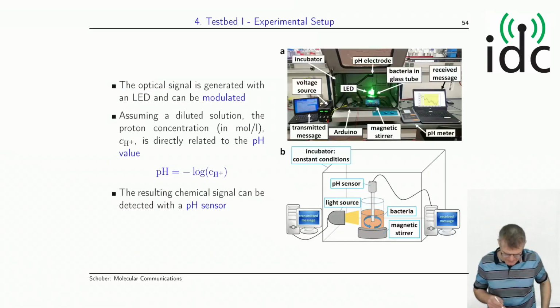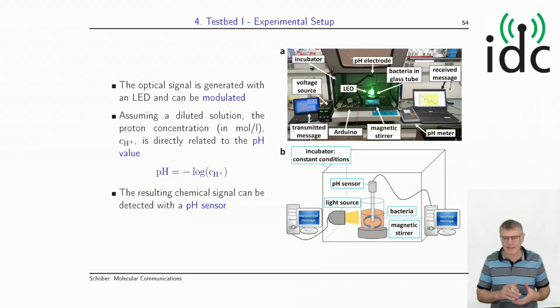Here you see the setup in our laboratory, or in the laboratory of Professor Burkowski. This is a schematic. Our transmitter basically is this light source, so with this we can modulate the light source. The light source then modulates the bacteria in the suspension.